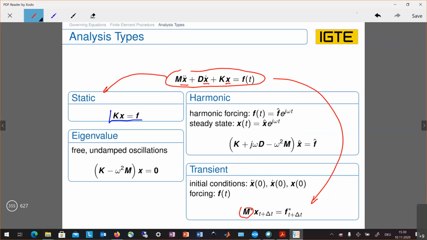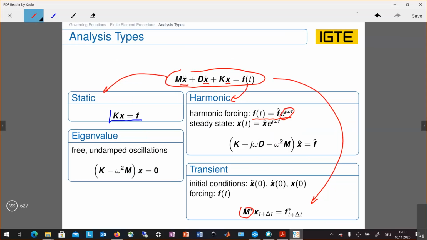Sometimes the excitations are harmonic excitations, and then it makes sense to go over to a so-called harmonic analysis. So that means we have our excitation, which can be written by some value f, which has an absolute amplitude value and phase, and it is changing by this exponential function.